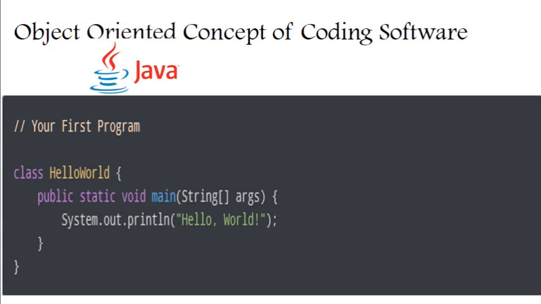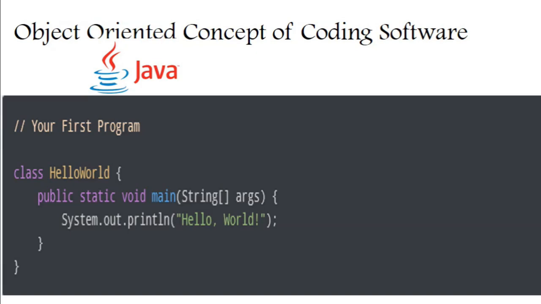Now, here you see an object, property, and method. Please pay close attention. This is Java. Object: system. Property: out. The function, our method, is what? Print line. This is part of the Java program, a class called system.